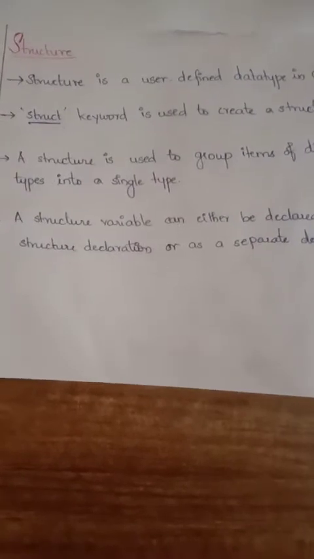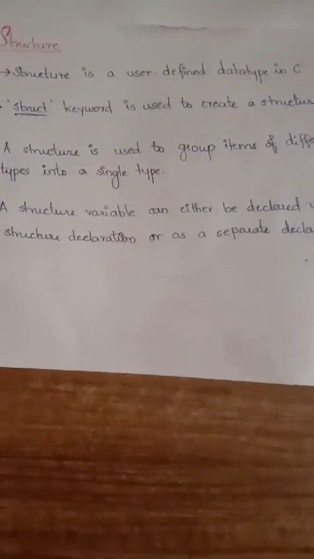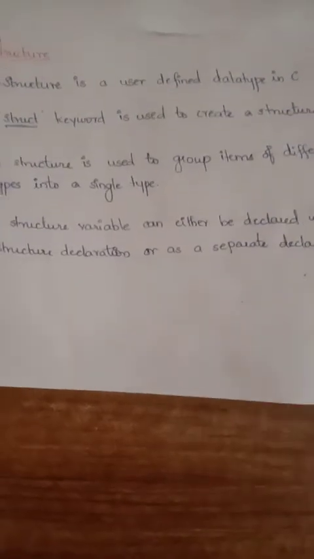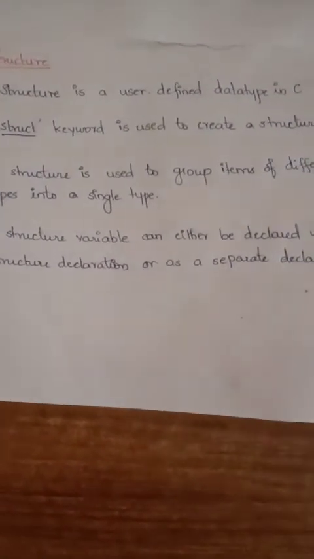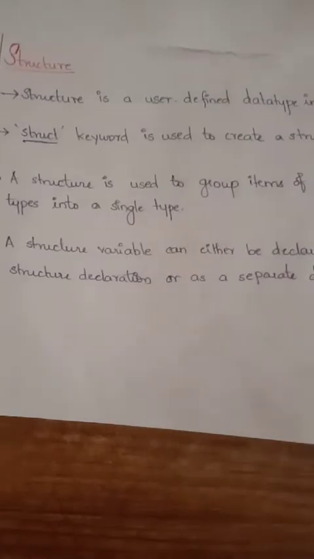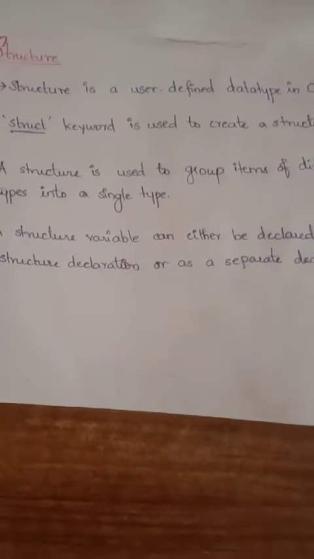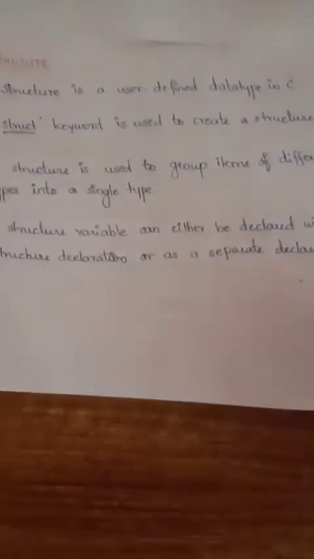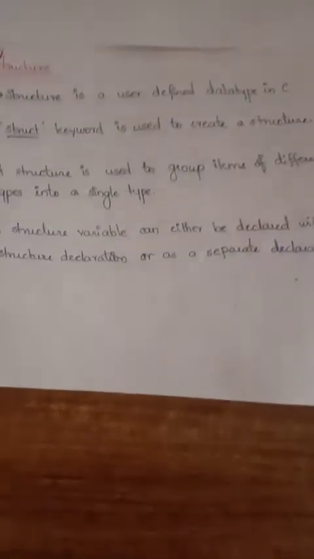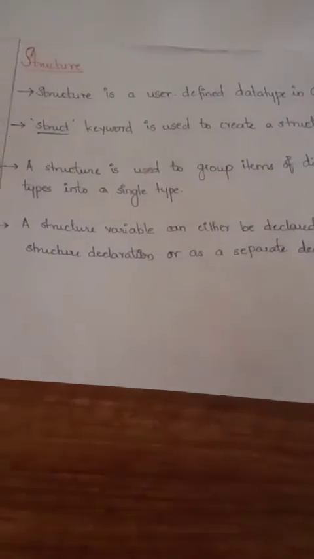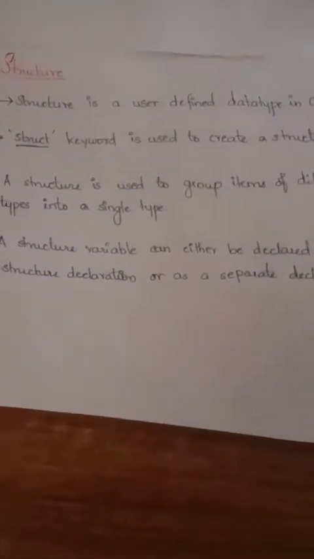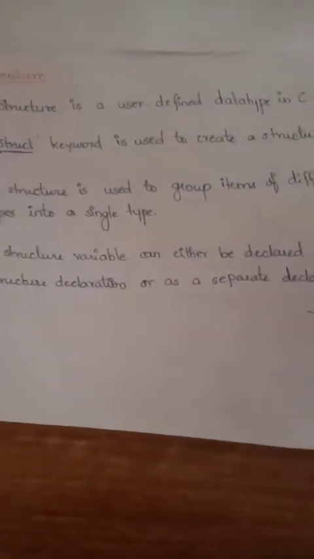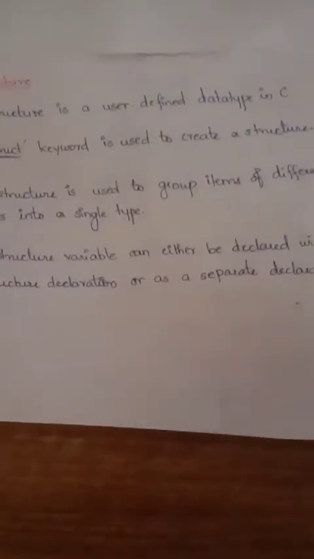There is something called a structure variable. Once you define a structure, if you want to access the elements in that structure, you require a structure variable. For example, there is a class and there are many students inside the class. If I want to access a student, I require a class teacher, the main teacher who is responsible for the class.